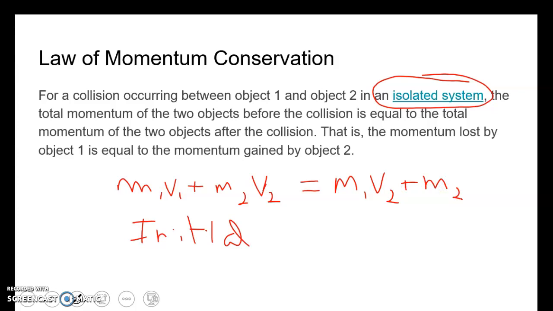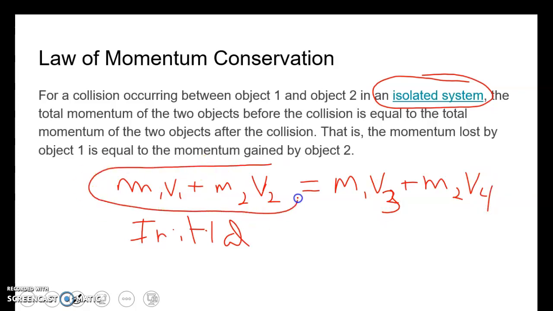I'll call this V3 and this V4. But at the end of the day, their momentums added together, what you start with is equal to what you end with. That's conservation. Essentially, if one loses momentum, two will gain it. It's a net sum. It's a zero sum answer.